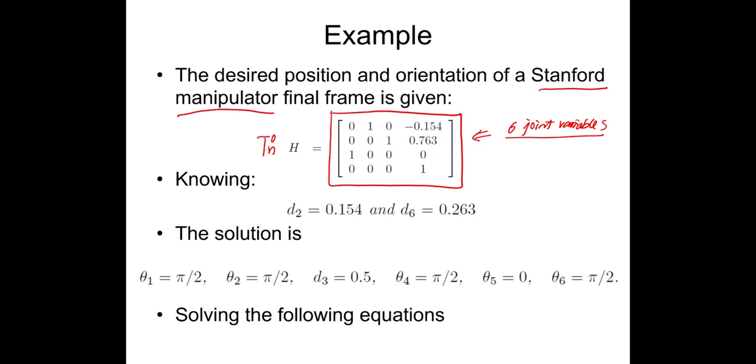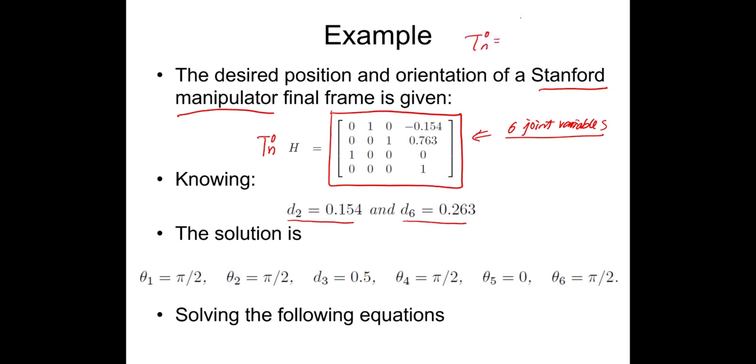We also know that d2 and d6 are given geometry, which is the geometry of the real manipulator link. And to solve that, from the Stanford manipulator example, we have solved Tn0.